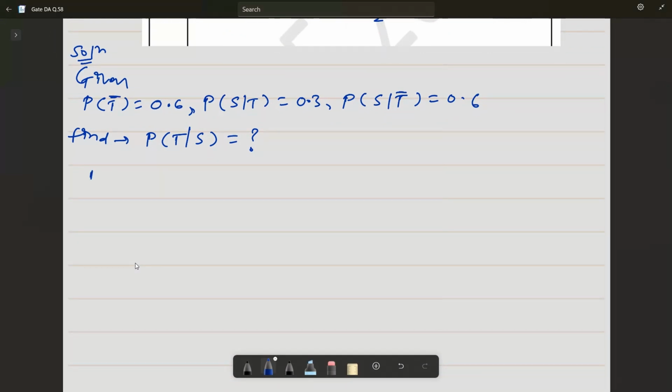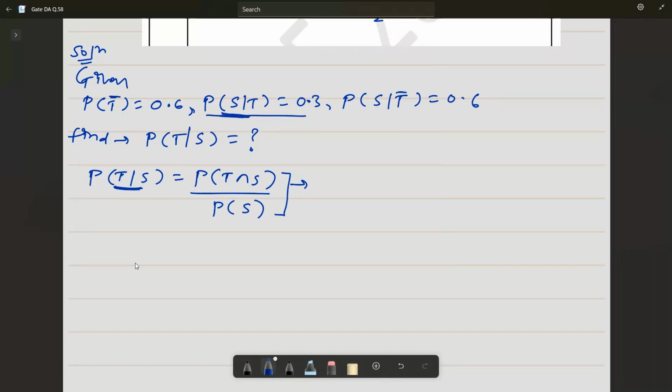Probability of T given S is equal to probability of T intersection S divided by probability of S. We need to find these two things, then we will be able to find the probability of T given S. For that we can write probability of S given T is equal to probability of S intersection T divided by probability of T.